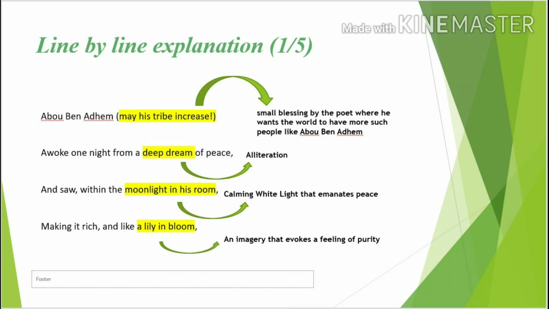So at the very start of the poem, the poet Leigh Hunt begins with a small blessing. What does he say? May his tribe increase. Meaning, may such holy, pious, pure men like Abou ben Adhem multiply in this world so as to make the world a better place.